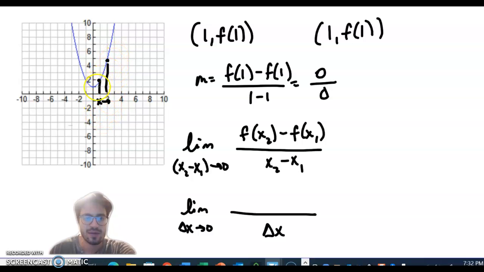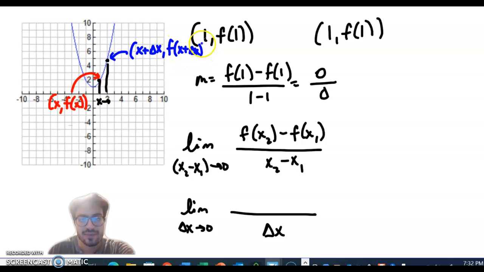So this point here, this is x, f of x. This point here, I'm going to say is x plus delta x, which means my f function is f of x plus delta x. And that's how I'm going to rewrite the limit statement now.